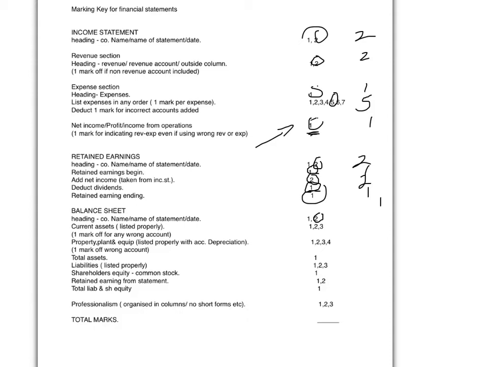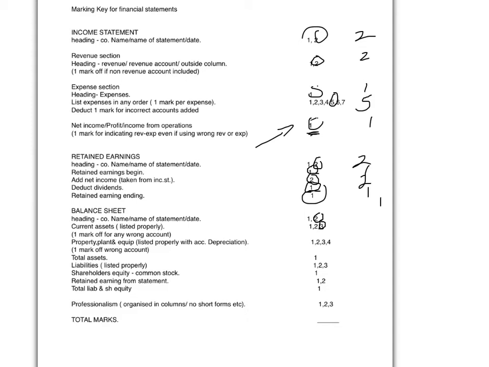Now, in this section, they list the current assets, cash, accounts receivable, inventory, in the proper order, 3. If they have them out of order, 2. Okay. No order at all, 1, but they just know the current assets and they're correct. But if they add in something that's not a current asset, you take 1 mark off. But if they're down to 0, you can't take 1 mark off.